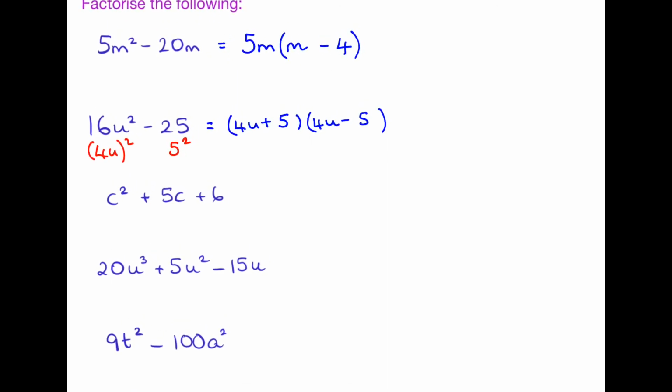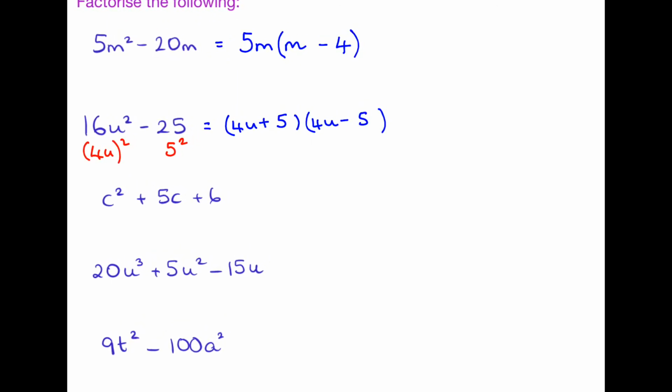Next, c squared plus 5c plus 6. Following the same strategy as before, have we got a common factor? Well, in the numbers, we don't. In the letters, there's a c in here, there's a c in here, but there's no c in here. So we don't have a common factor there.